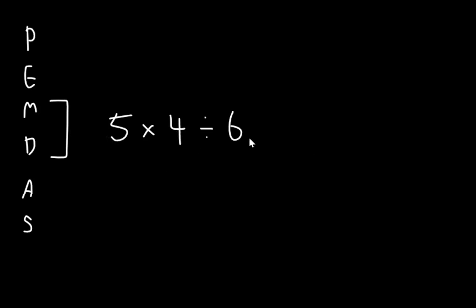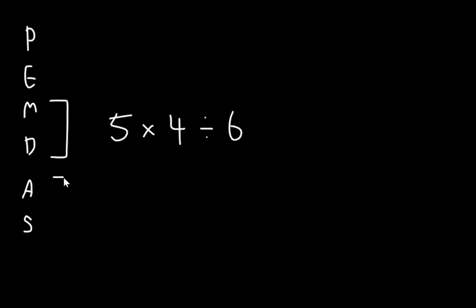So 4 divided by 6 is 2/3. 2/3 times 5, you still get 3 and 1/3. So you can do it in whichever order, but you have to realize that you have to do parentheses and exponents before you do multiplication and division. They're at the same level. You don't do multiplication first. You do multiplication and division at the same time.